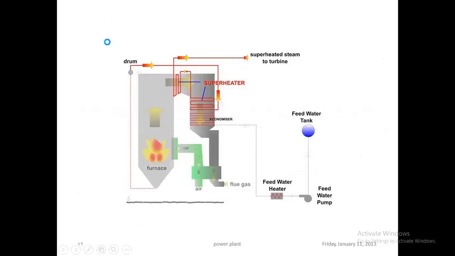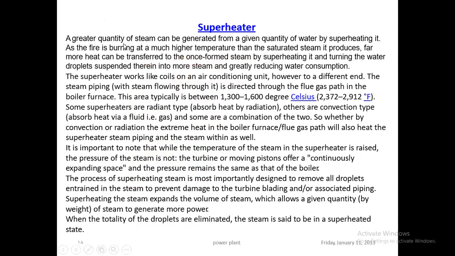A greater quantity of steam can be generated from a given quantity of water by superheating. Superheating means superheater. The fire is burning at a much higher temperature, meaning the heat we provide at this stage is too much, burning at a much higher temperature than the saturated steam.